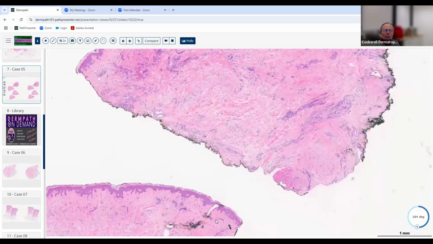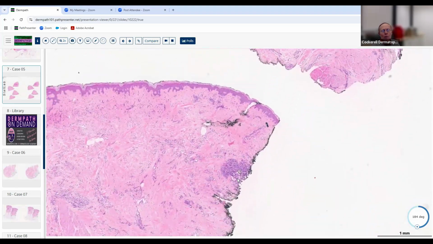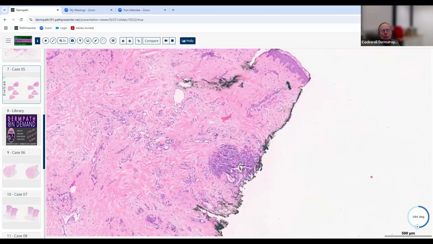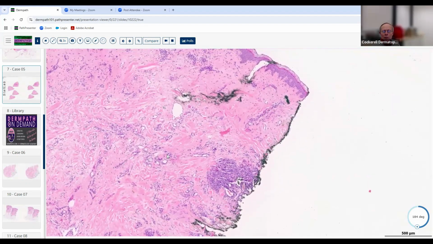Now, what other entity might you think about when you see something like this? There's another situation where we usually see patients that have not had breast cancer. They may have had some sort of an injury. They often have pendulous breasts.